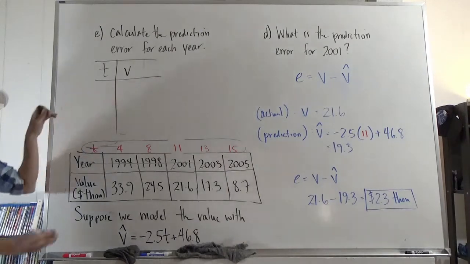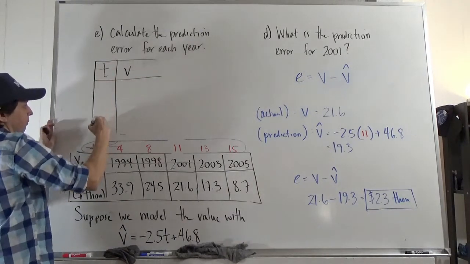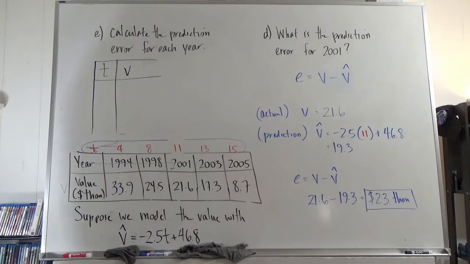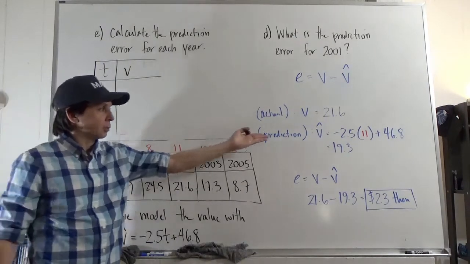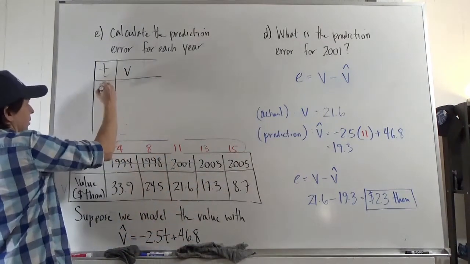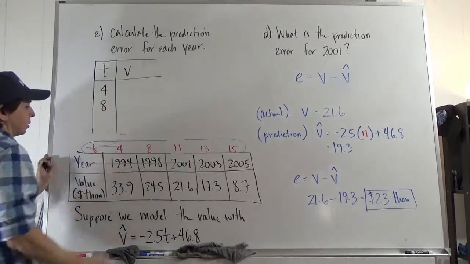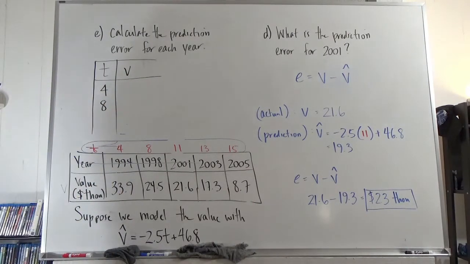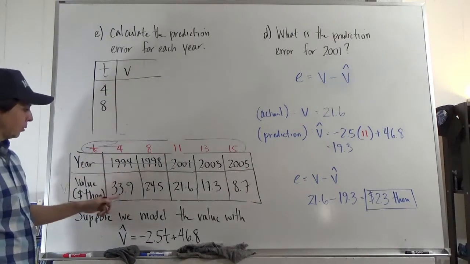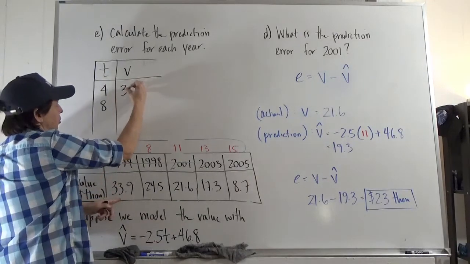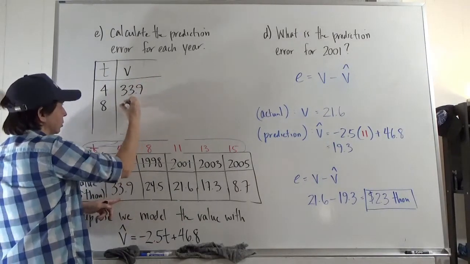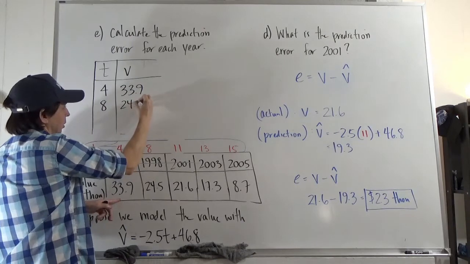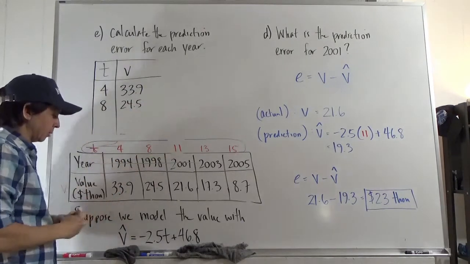We're going to use T and V, but that is like X and Y. And so we need the T values, because what we did here was plug in T values. So I'm going to need the 4, the 8, and so on. And then the V's are the actual values, 33.9. So these first 2 columns are just going to be our actual data set. Well, sorry, with the T values instead of the year.